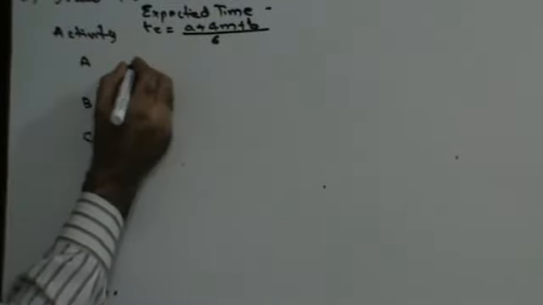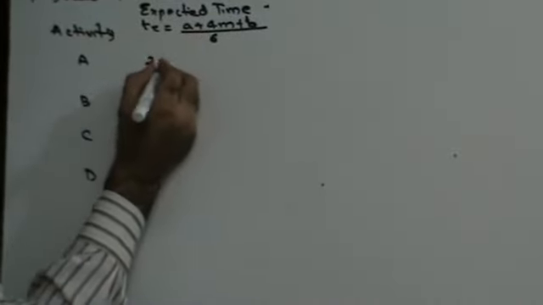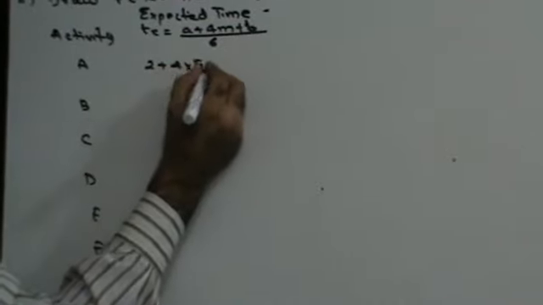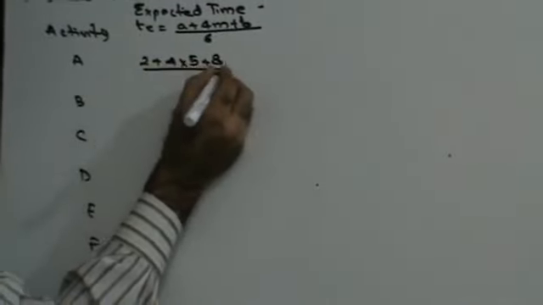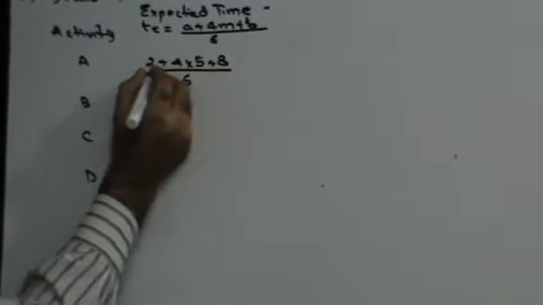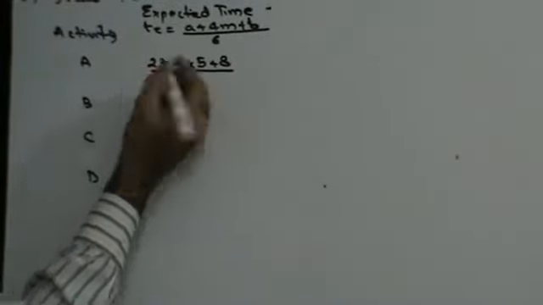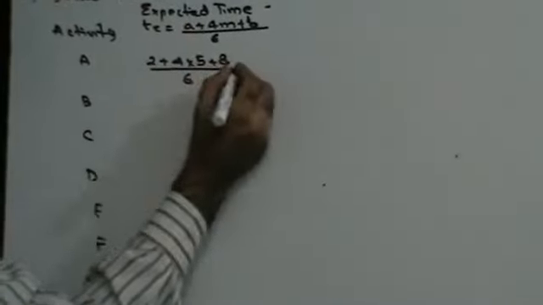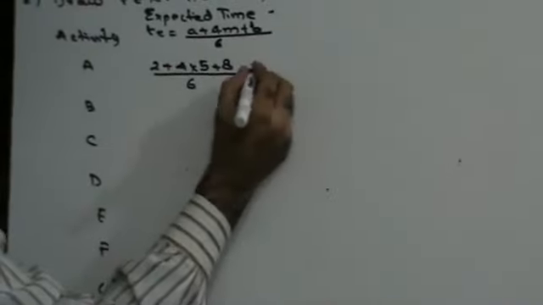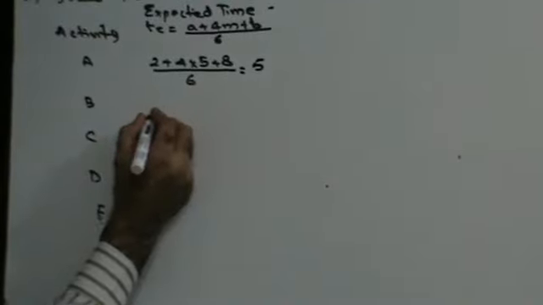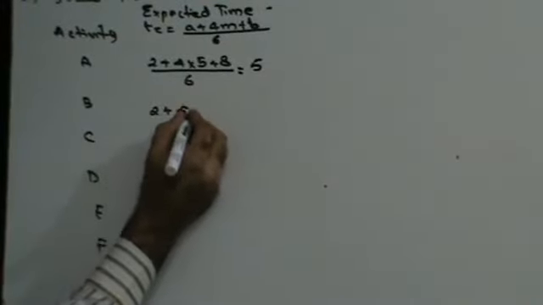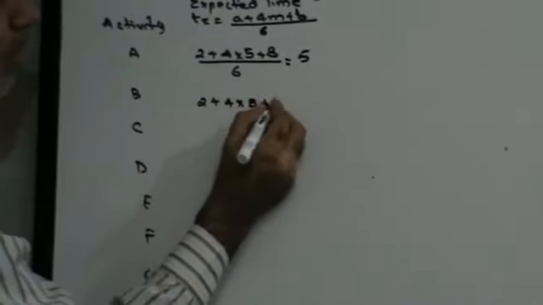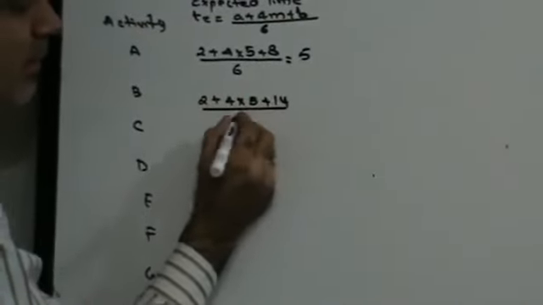So in this case, for activity A, it will be 2 plus 4 into 5 plus 8 upon 6. 20 plus 2 is 22, plus 8 is 30. 30 divided by 6, that is 5 days. For activity B, it will be 2 plus 4 into 5 plus 14 divided by 6.